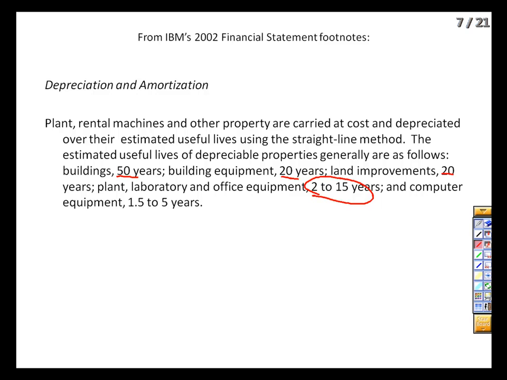So here we have, even within a single company, quite a bit of diversity of useful lives. And this is because the ultimate goal is to get asset costs into the income statement over its useful life. You'll note that neither the table nor the footnote reference land. Land, just as Pearl Buck wrote in The Good Earth, is eternal. Land is not depreciated.